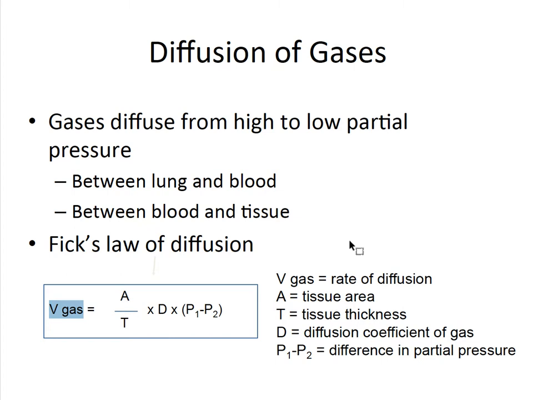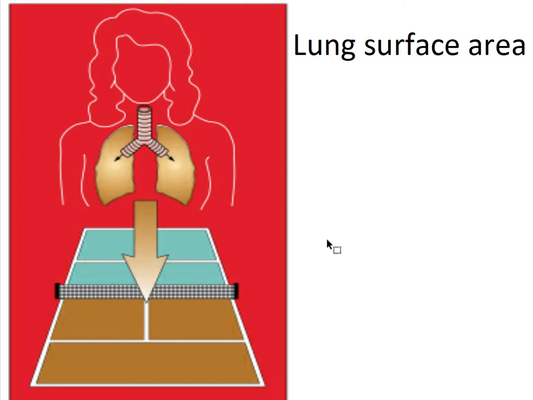So you can think of different gases, but this is a nice relationship that seems sort of logical on how gases will diffuse out of the lungs and eventually into the muscle cell mitochondria. We have a big lung surface area. I think there's a slightly different picture in our textbook now, but it's a big, large surface area of lungs. So as we increase that surface area, the rate of diffusion is greater.